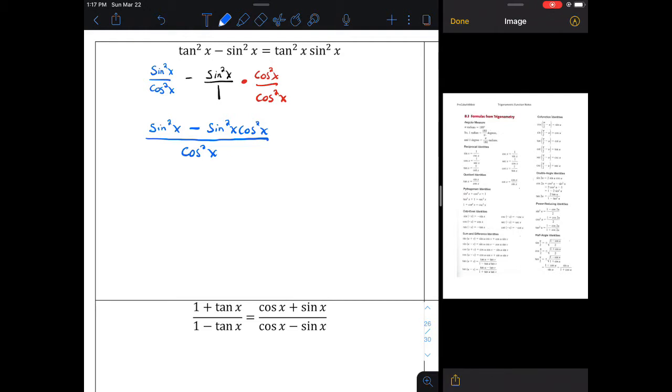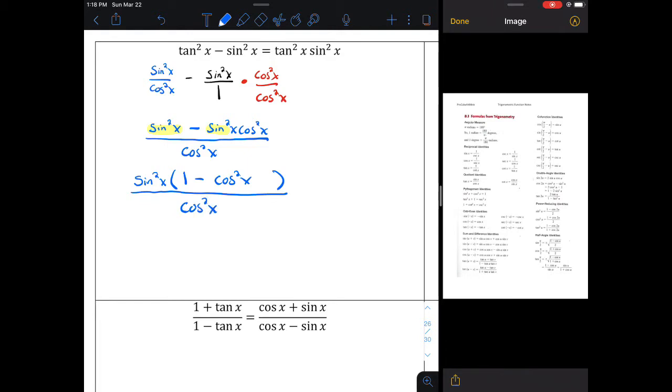And from here, I look at my numerator, and I have a common factor of sine squared. So I'm going to pull the sine squared out. I'm going to factor it out. So that's going to make sine squared x times 1 minus cosine squared x over cosine squared x.